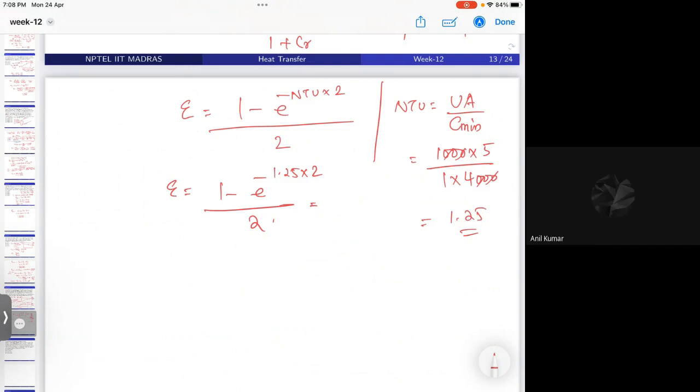0.215. 0.215? No, no. I'm getting, what is e raised to minus, that is 1.25 into 2 is 2.5. So what is e raised to minus 2.5? 0.573. 0.573.